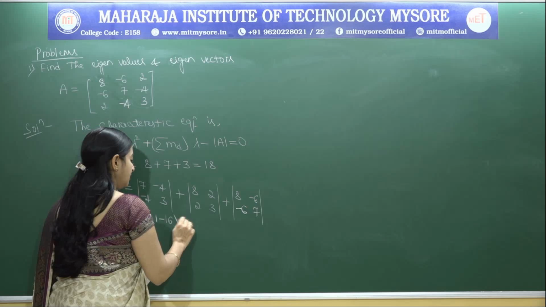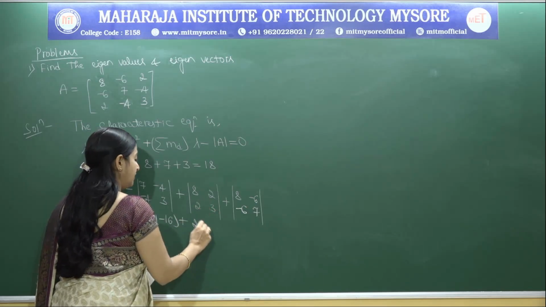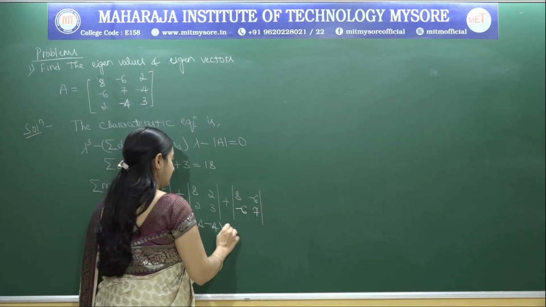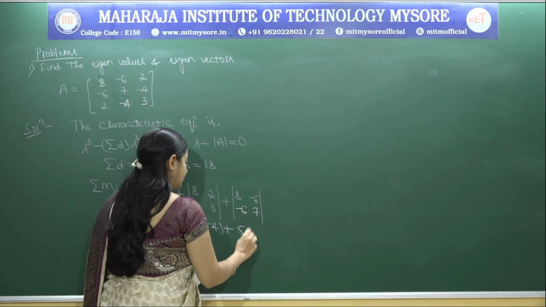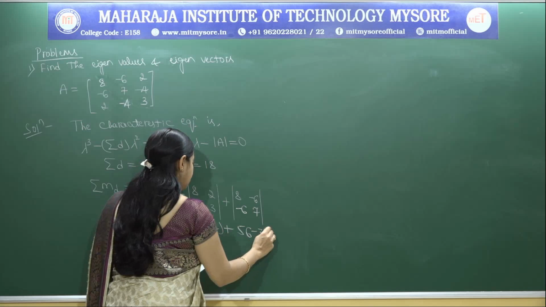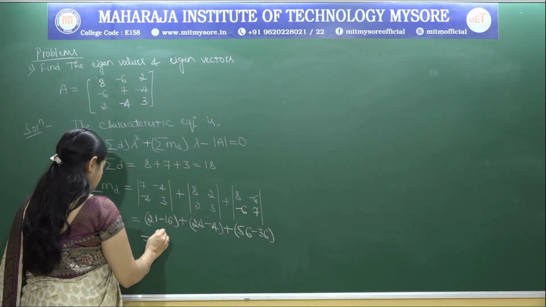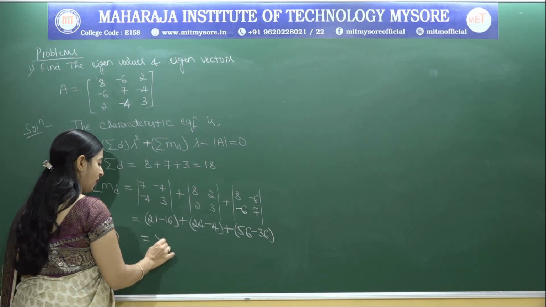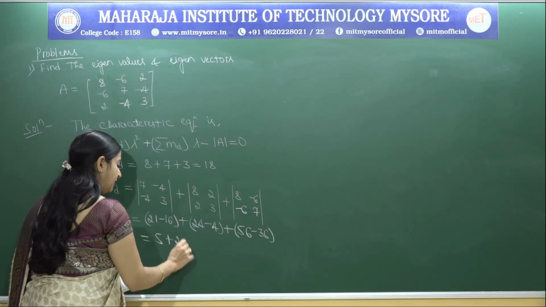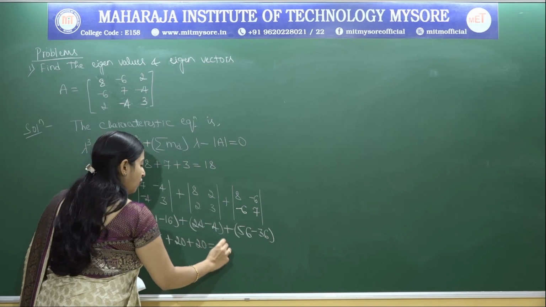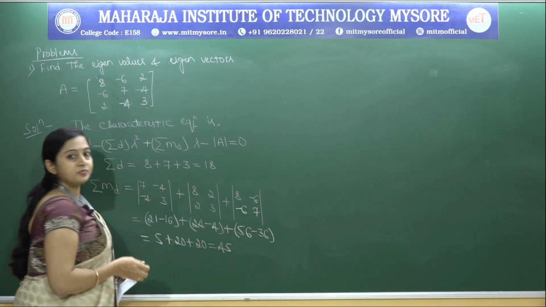Second one, it is 8 into 3, 24 minus 4. Third one, 56 minus 36. So on solving, you will get the first one is 5, the second one 20, and the third one is also 20. You will get 45 as the answer.